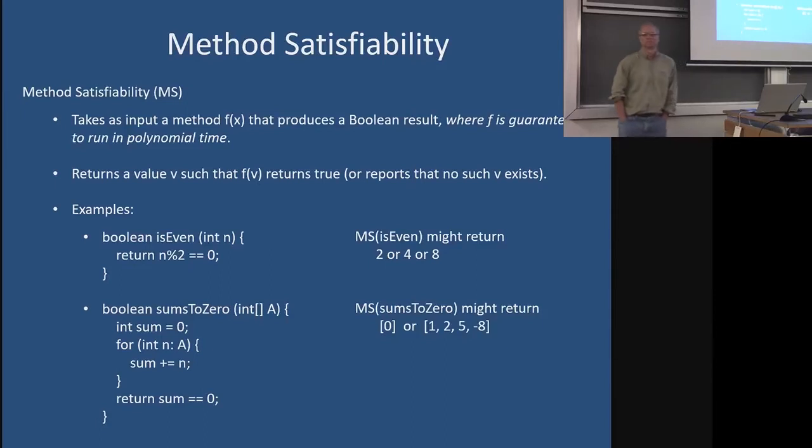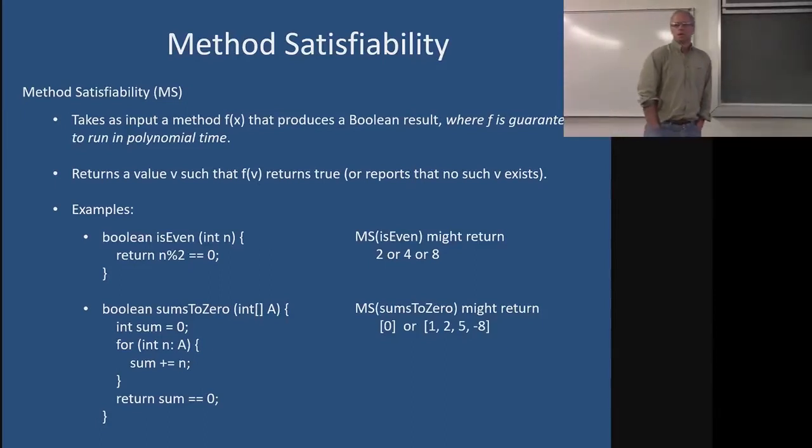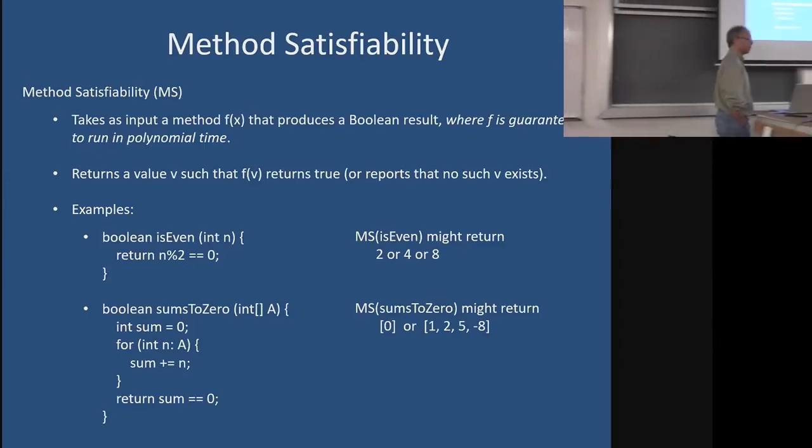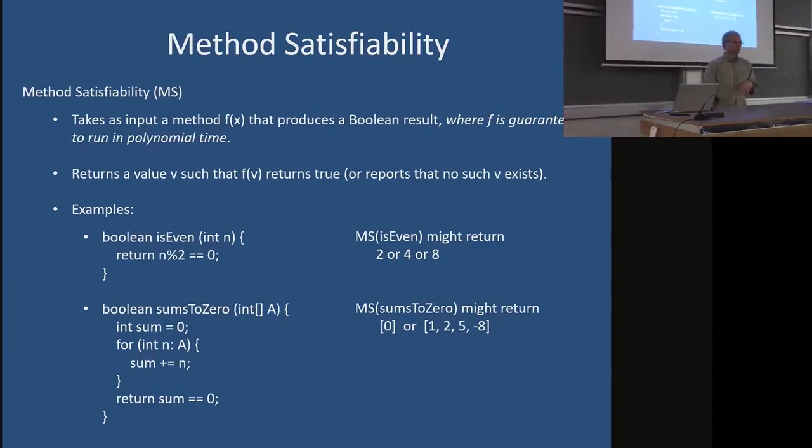So a deterministic is prime method might not be suitable for the method. Well, think about it. What if you fed this is prime? What would it spit out? It would spit out a prime number. If you had an is prime method that tested whether the number is prime, and you fed it to this thing, it would spit out a prime number. Now, it might always spit out 2.